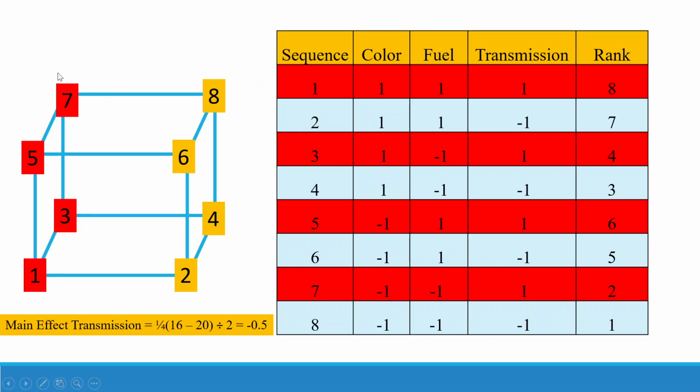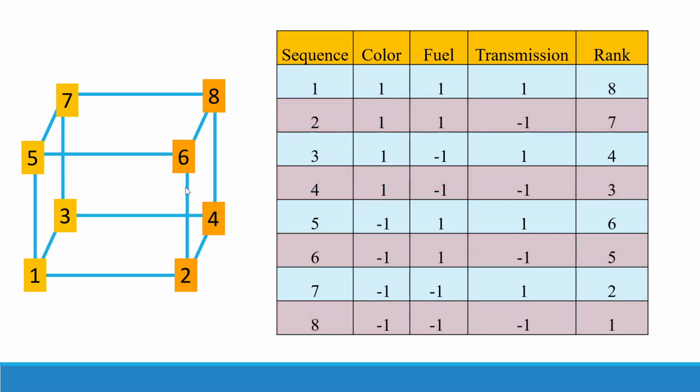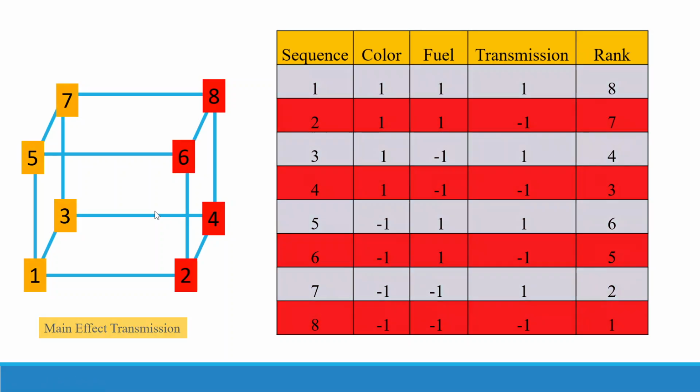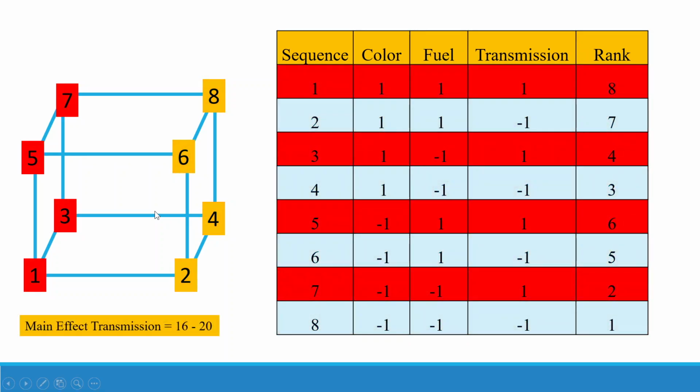So here 1, 3, 5, and 7, and here 2, 4, 6, and 8. That's the reason we divide by 2. So how much do we get? The main effect, 1 by 4, 16 minus 20 divided by 2, is minus 0.5. Now we want to take the effect of fuel.